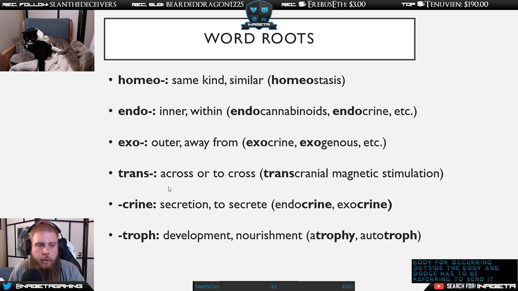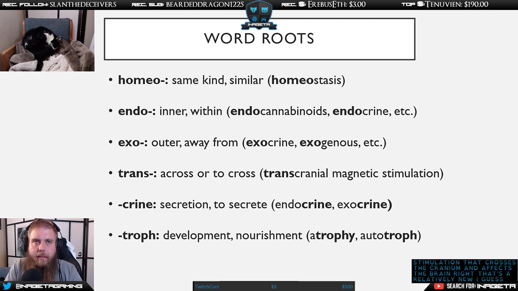Trans is across or to cross something. So transcranial magnetic stimulation would be magnetic stimulation that crosses the cranium and affects the brain, right? That's a relatively new treatment or experimental technique where they'll use magnetic stimulation to ramp up activity in an area of the brain, either to see what it does or to tire it out temporarily to see how your brain functions without that for a while, in order to get an idea of what different parts of the brain do.